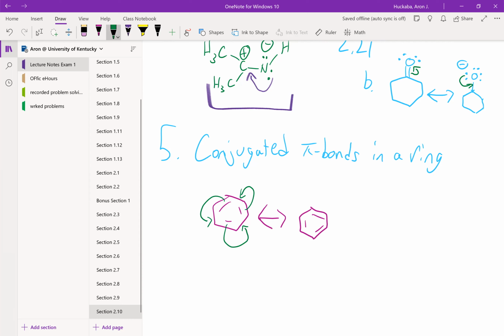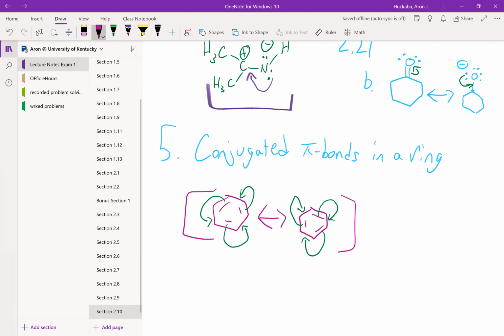And just like the others, they can also go back. There we are. And these are in brackets as well.